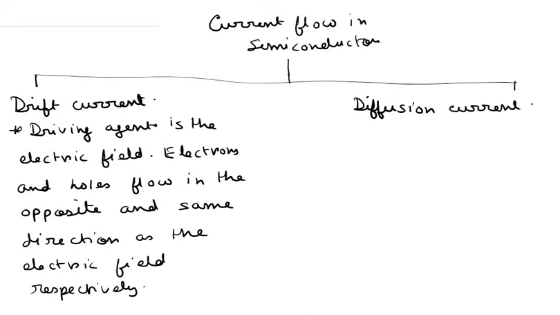This kind of current flows due to a concentration gradient of carriers. For example, if you spray perfume at one corner of the room, after some time the entire room starts smelling of perfume.